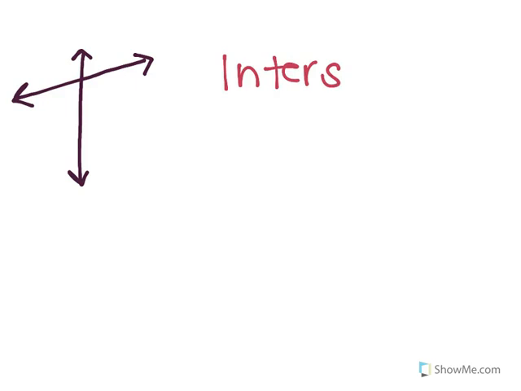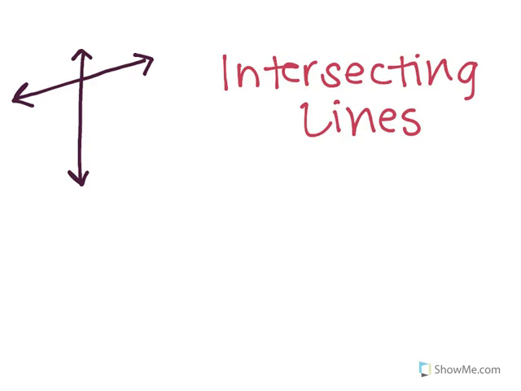Okay, the last pair of lines that I'm going to draw, call out the name when you recognize them. You might be able to use your deductive skills to figure out what it is. What type of line is this? You're right, these are intersecting lines.